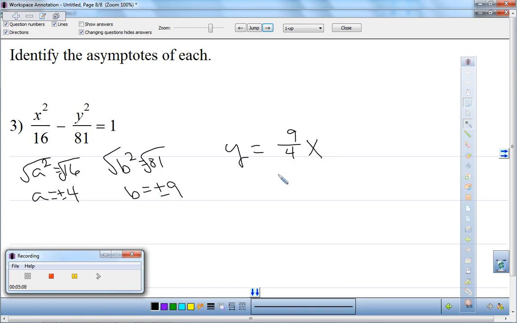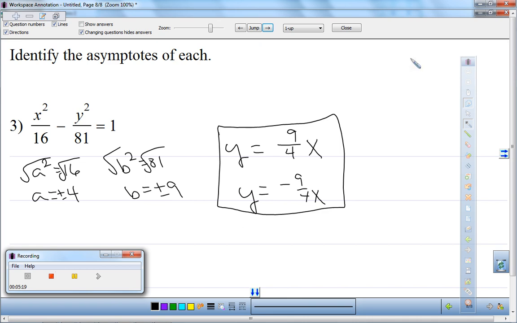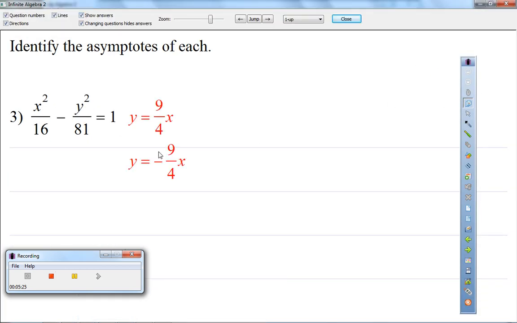Can't reduce this, and all we'll do is change the sign to come up with the second equation. So we have found our two asymptotes for this particular hyperbola. And to check our answers, this is what we end up with.